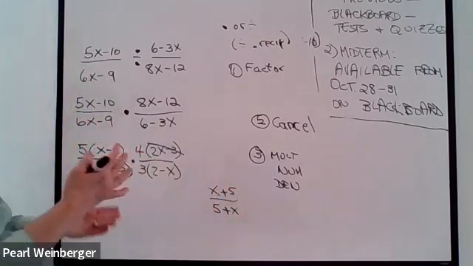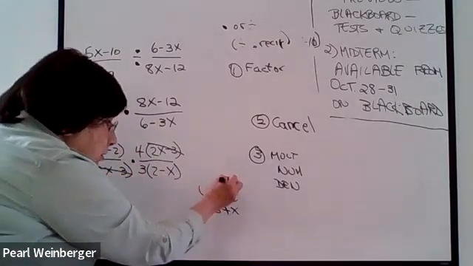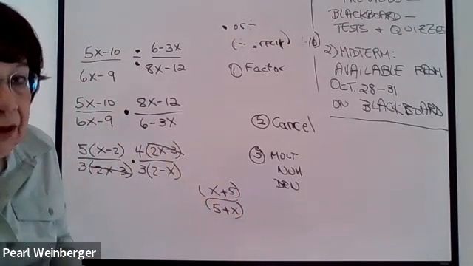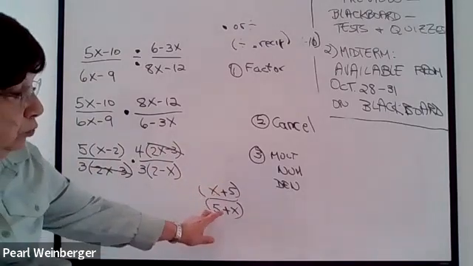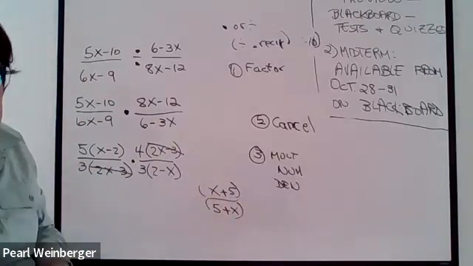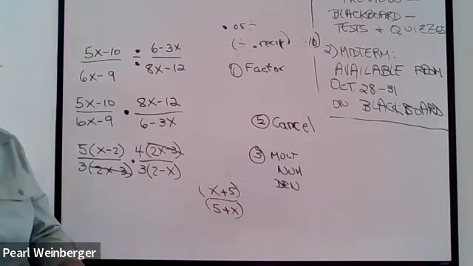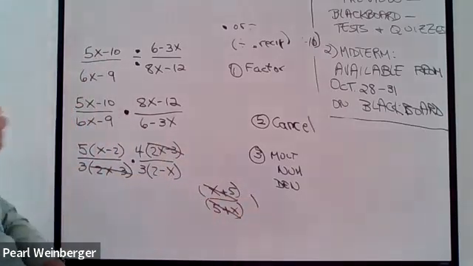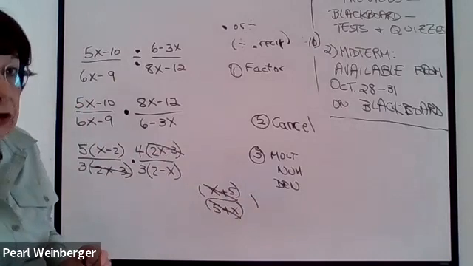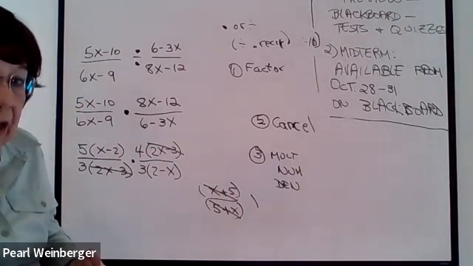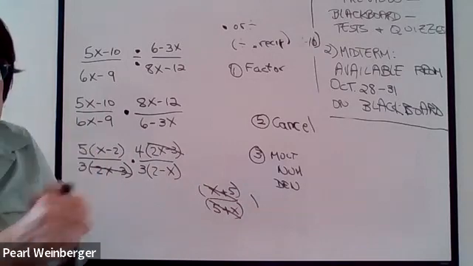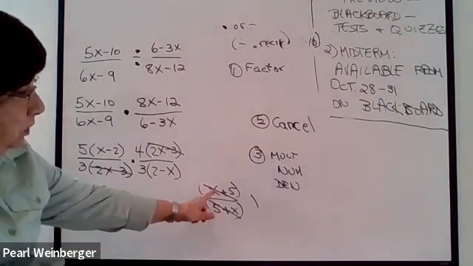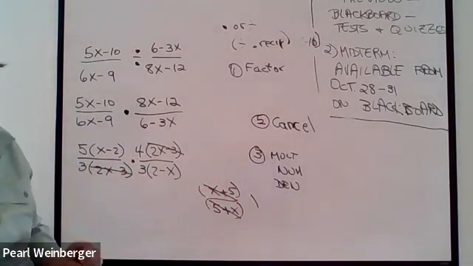Now you and I know that x plus 5 and 5 plus x, even though they don't look identical, are really identical, because when you change the order when you're adding, it doesn't make a difference. So x plus 5 can cancel with 5 plus x because they are identical binomials. If we have an x plus 5 and a 5 plus x, we can totally cancel it out.